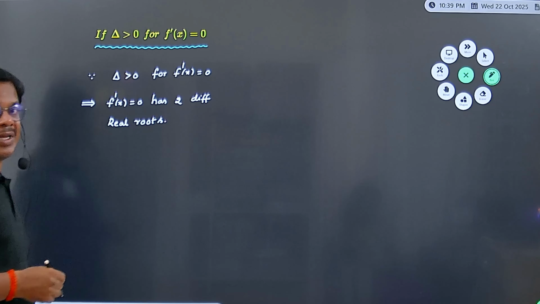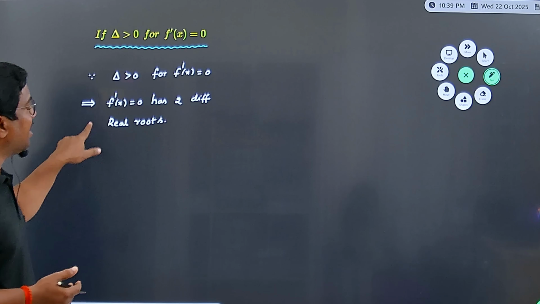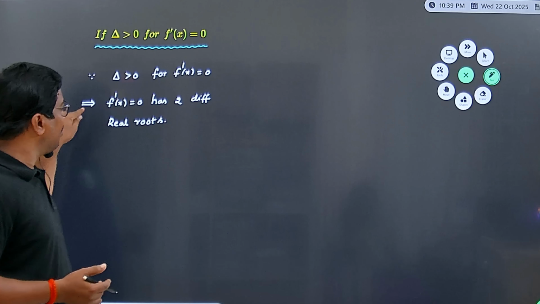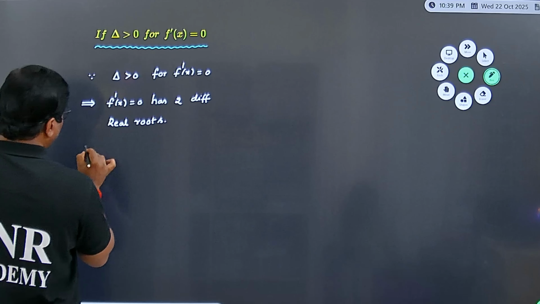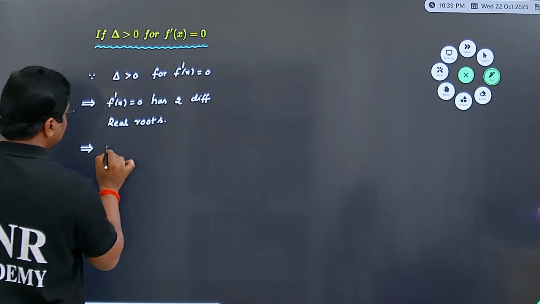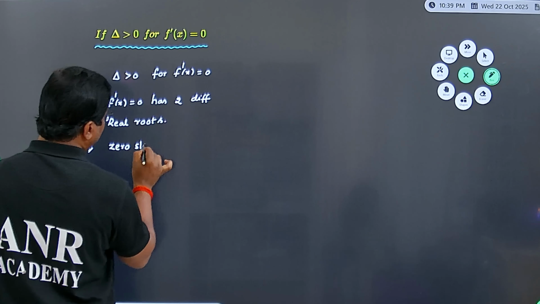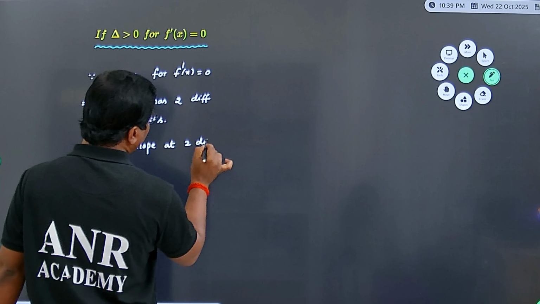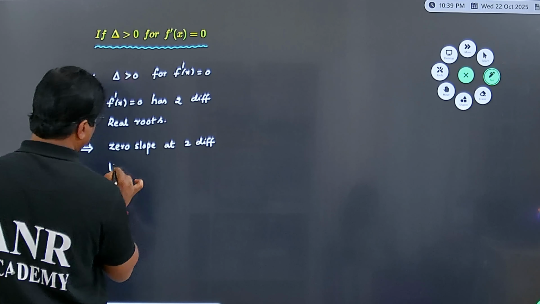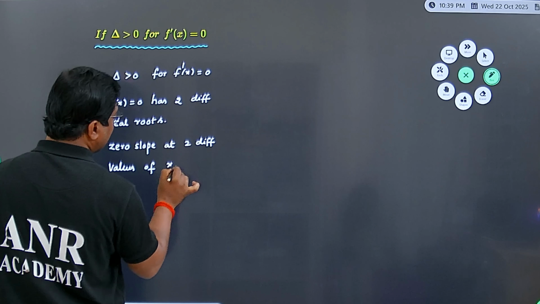Next, f dash of x equal to 0 implies the function has 0 slope for 2 real values of x. The meaning, f dash x equal to 0 means it has 0 slope at 2 different values of x.